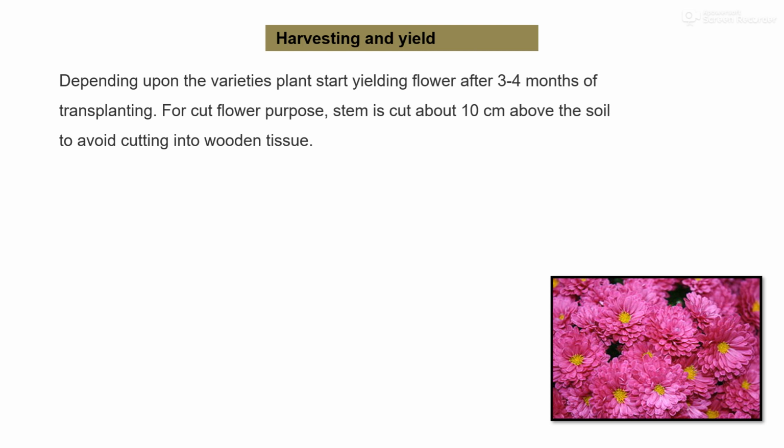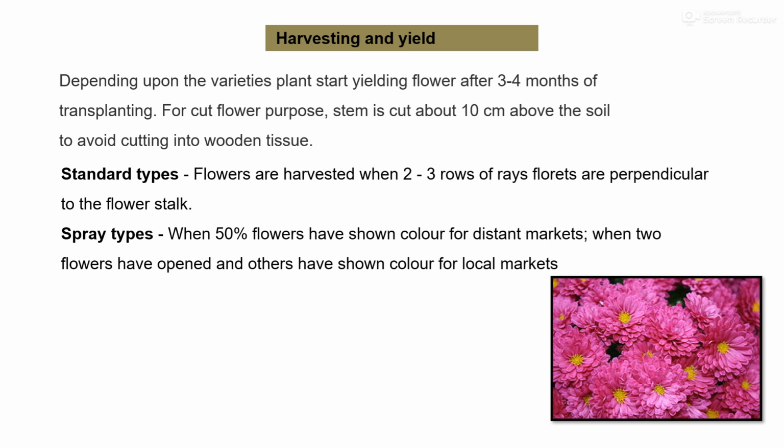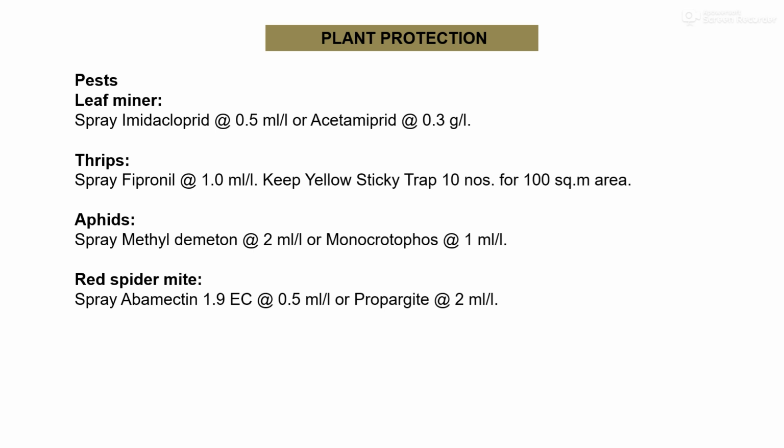For cut flower purposes, the stem is cut about 10 cm above the soil to avoid cutting into the woody tissues. The standard type of flower is harvested when 2 or 3 rows of ray florets are perpendicular to the flower stalk, and the spray type when 50% of the flowers have shown color for distant markets, or when two flowers have opened and others have shown color for local markets. Average yield in this category of plant is 70 to 80 tons per hectare.